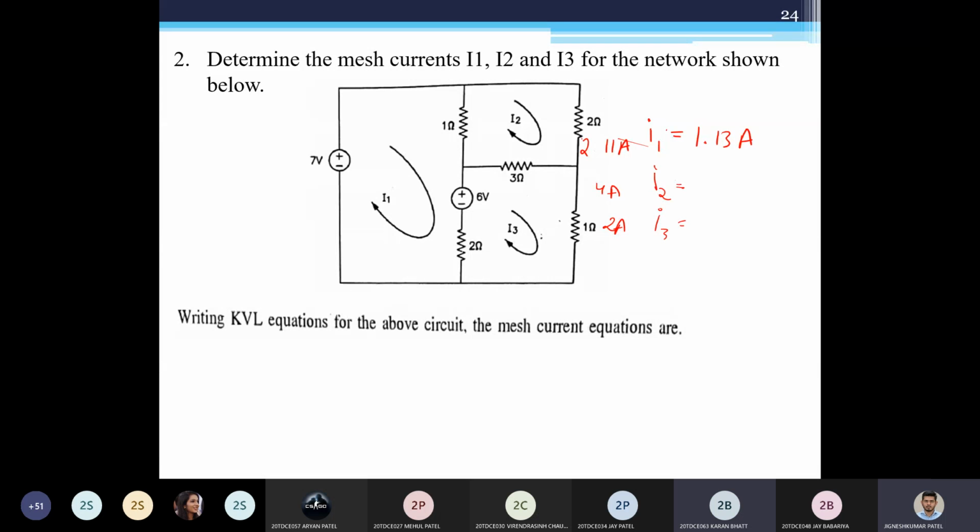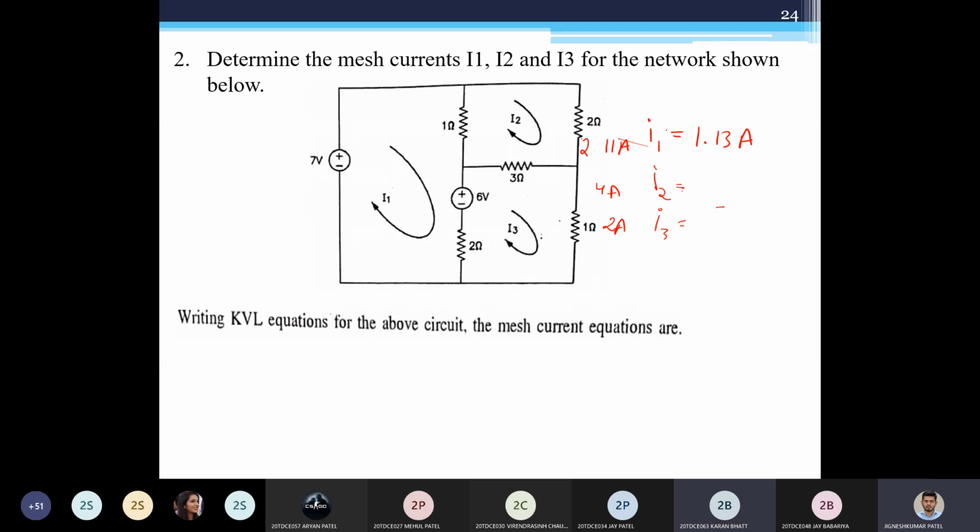Sir, I am getting the same value of I1, 1.13. Then the second, I2 and I3. Sir, I2 is not proper, it is coming negative. It can be negative, no issue in that. Okay, sir. It will be 17/12, sir.